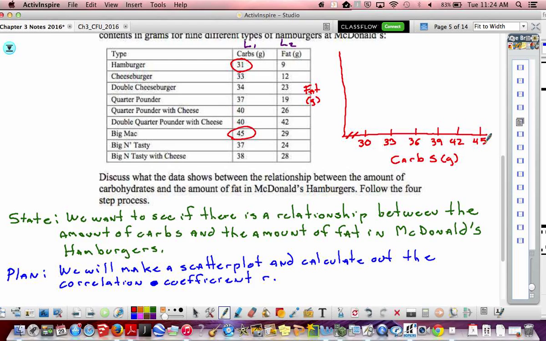My grams of fat are going from 9 all the way up to 42, so I might count by 5s up to 45: 5, 10, 15, 20, 25, 30, 35, 40, 45.